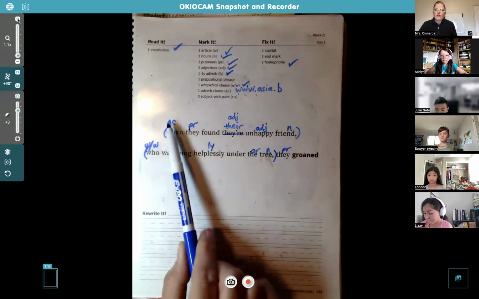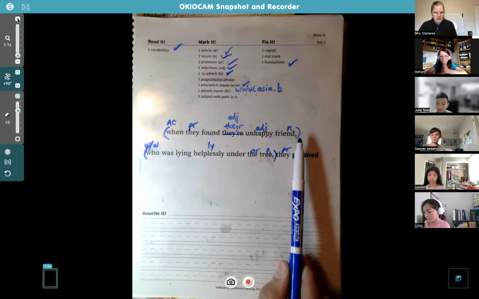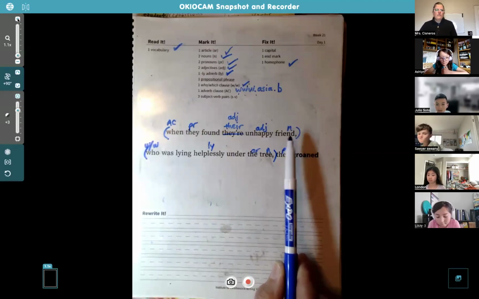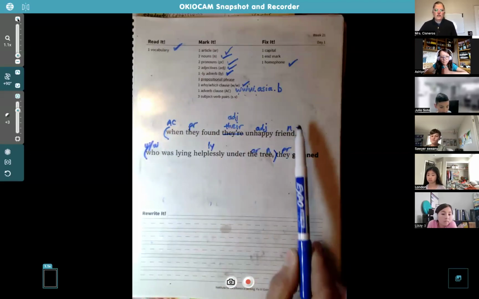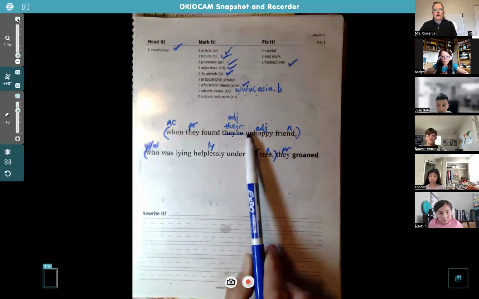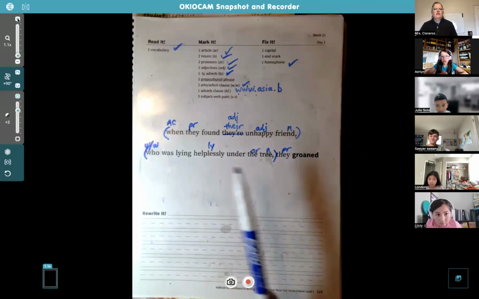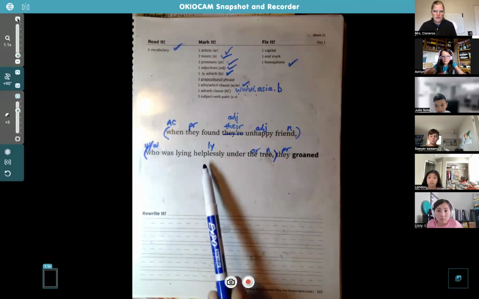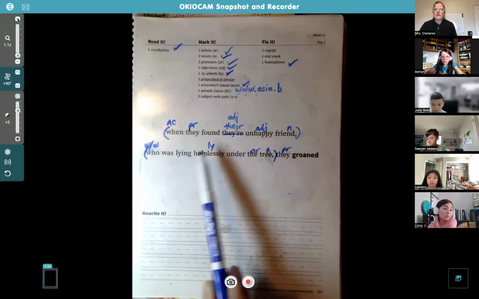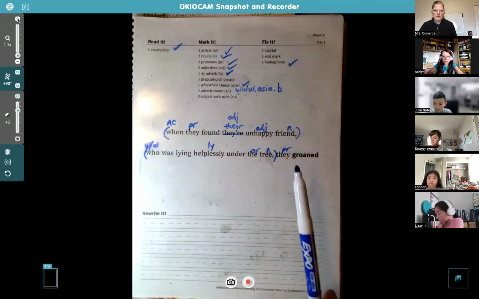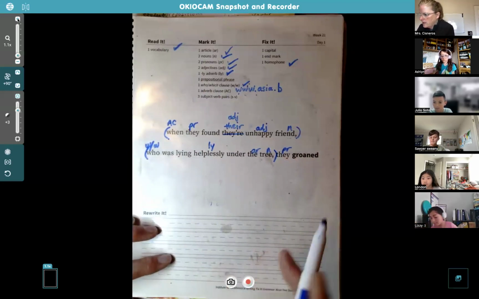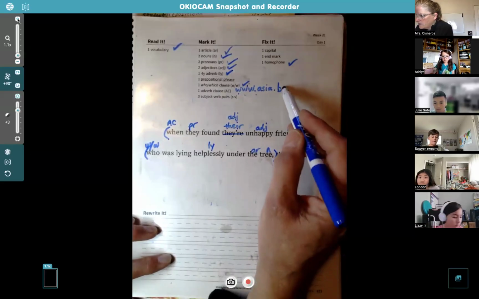But you can look for the comma or the end of the sentence. That's another way to see where it ends. But it's basically finishing the whole thought together. When they found their unhappy friend, then it goes on to the next one. So you're not ever going to overlap. Okay. So your adverb clause is separate from the who which clause. So sometimes it ends on a noun, but sometimes it doesn't. Okay. That is good with that.